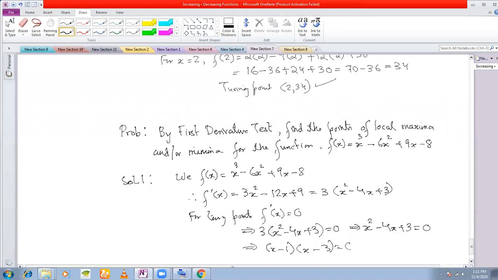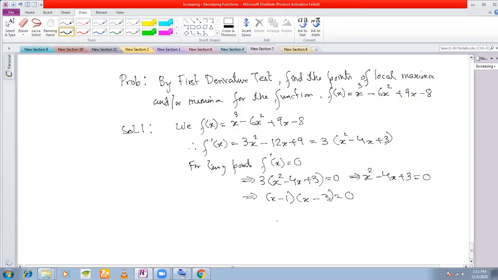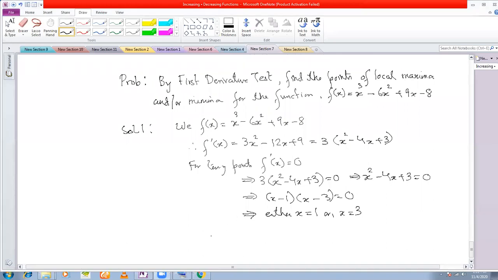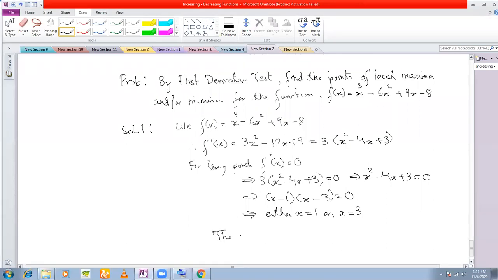So how many values of x are you getting? You're getting 2 values of x. Again, how many intervals then? So 3 intervals, as earlier. The intervals are minus infinity to 1, next is 1 to 3, and next is 3 to infinity.